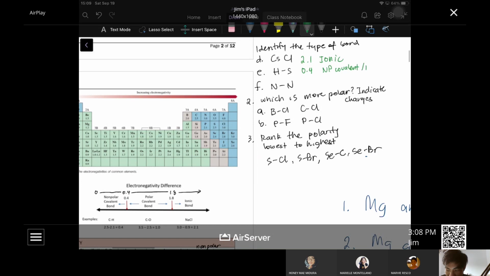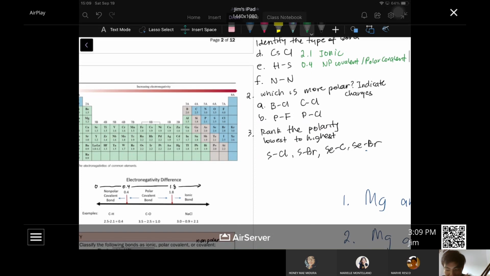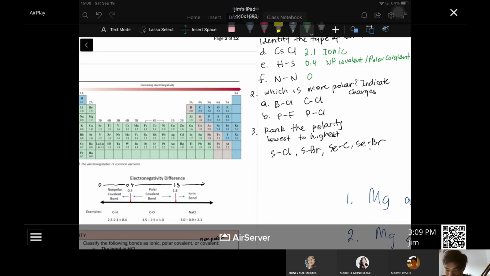Pwede rin siya maging polar covalent. Nasa boundary kasi siya, so pwedeng either of the two siya, depending on the case. Pero dalawa yung possibilities pag nasa boundary. NN, so 0 yan. So, non-polar covalent.